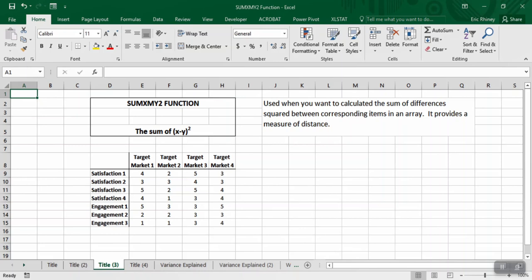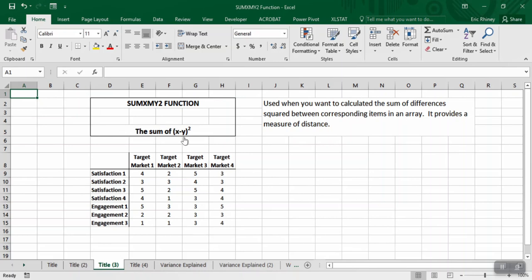If these were different product elements, you might say these two are closely related, so when we have a package deal, we want to package these together because they seem to have high correspondence. So that's a way to think about this function.